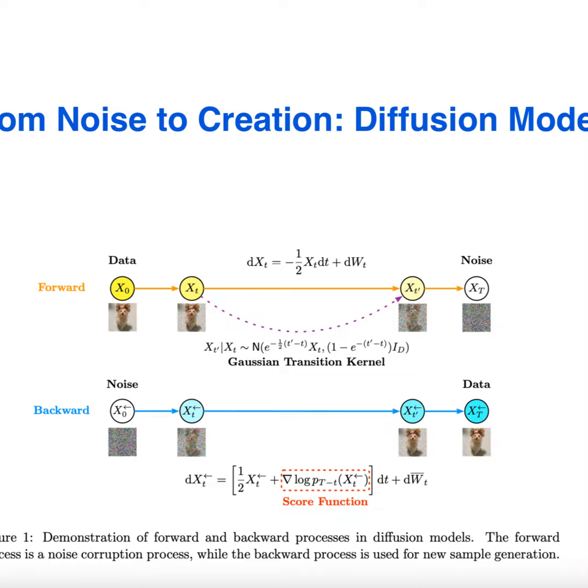Right. Think of it this way. Imagine adding drops of ink to a glass of water. Okay, I'm with you. With some inks, the color might spread out really fast and become super intense. That's kind of like a variance exploding SDE. The noise spreads quickly and has a big impact on the data. Gotcha. But with other inks, the color spreads more slowly and stays more contained.